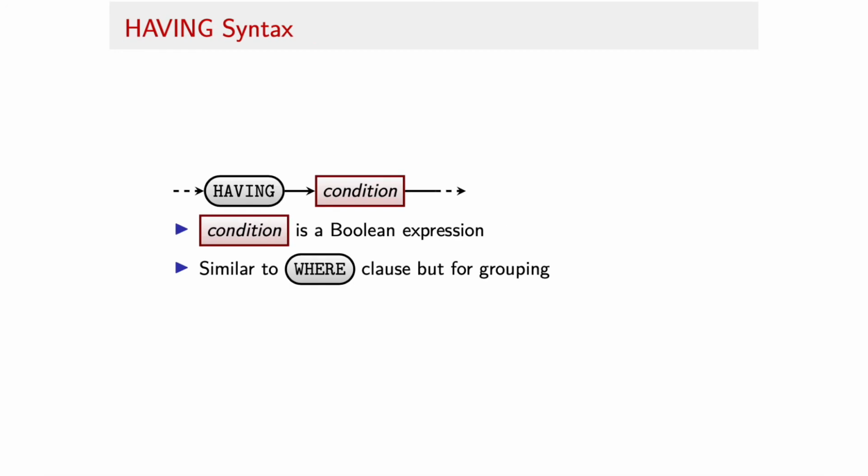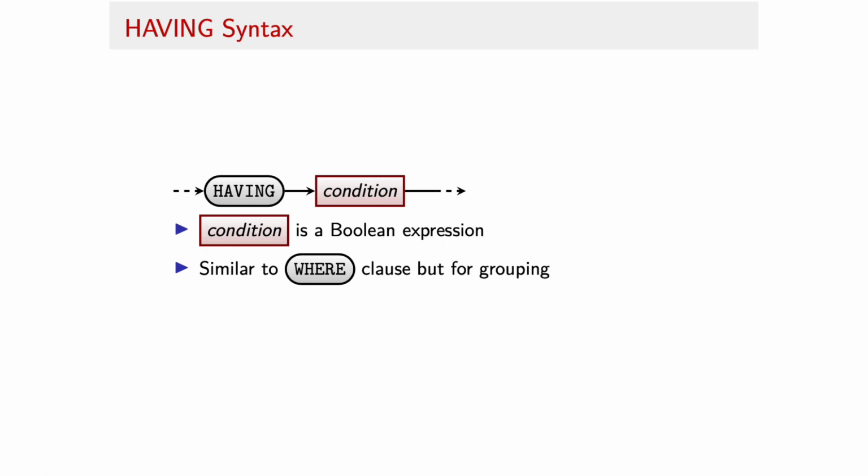Having is also associated with the group by clause. So if you think about the where clause as restricting the rows that come out of a select, the having statement does a similar kind of a job for the group by. So if we're doing a group by and we want to restrict the number of rows that appear in the result set after that group by, we use the having clause.